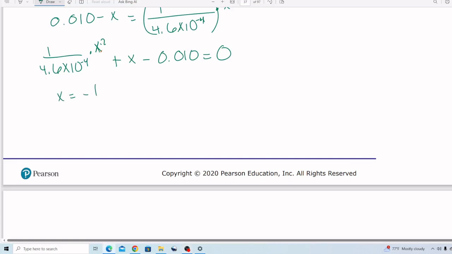So now I can plug it into the quadratic formula. X is equal to minus b plus or minus the square root of b squared minus 4ac all over 2a.